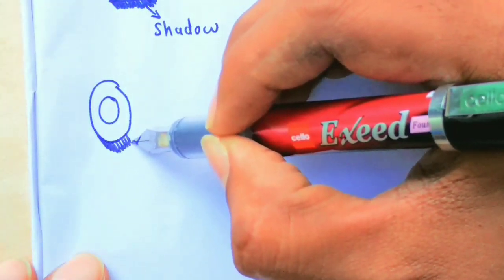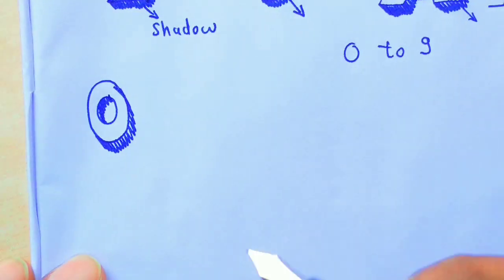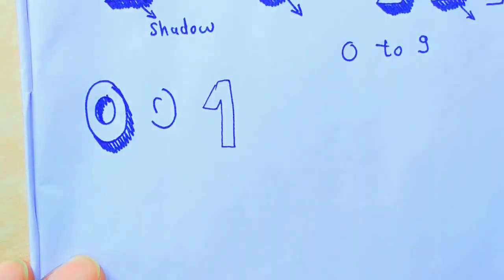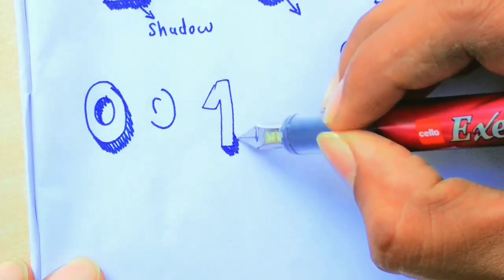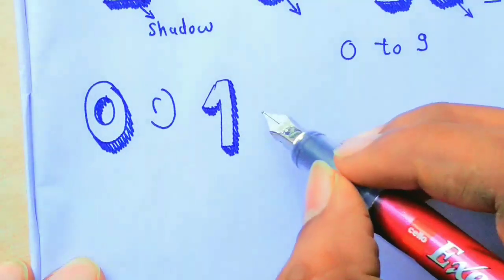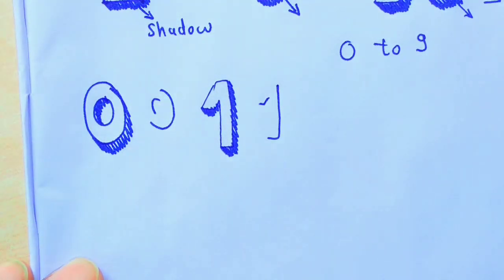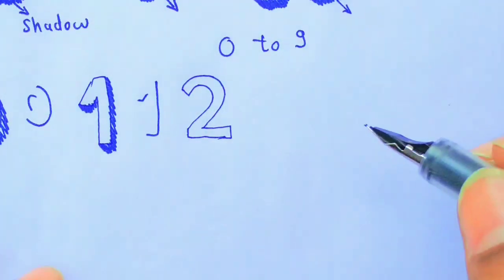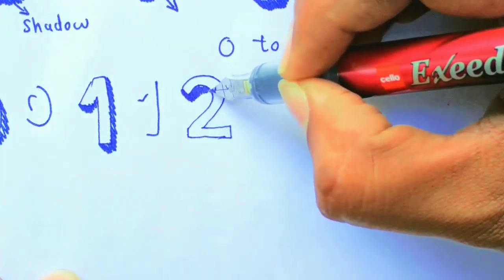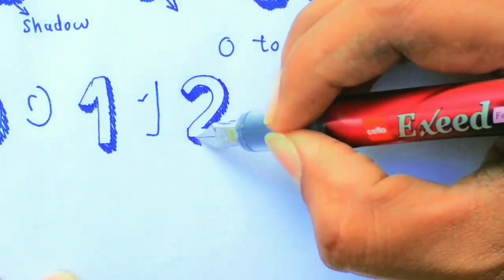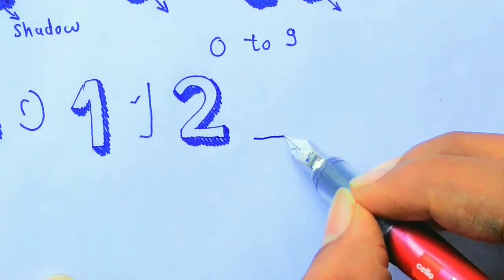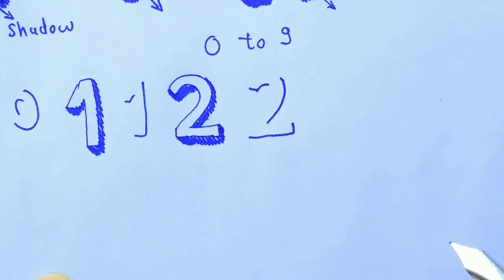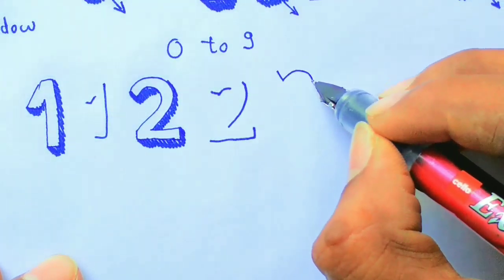Okay, this is quite similar to the circle, so at the right bottom corner we are going to draw just the shadow. This is for 1, 2, and so on.